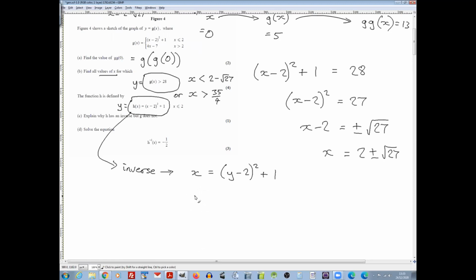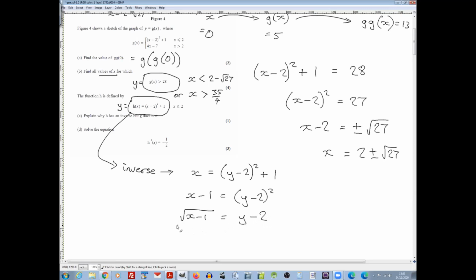Good, go ahead. So x minus 1 equals y minus 2 squared. Root x minus 1 equals y minus 2.